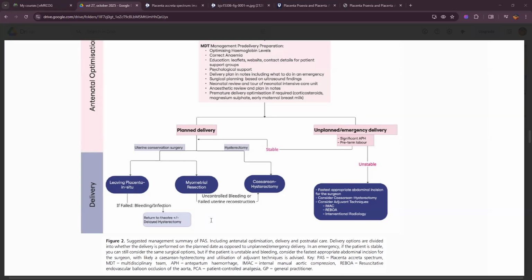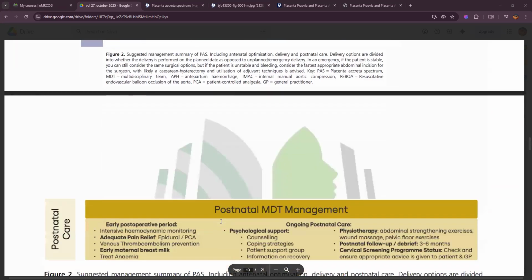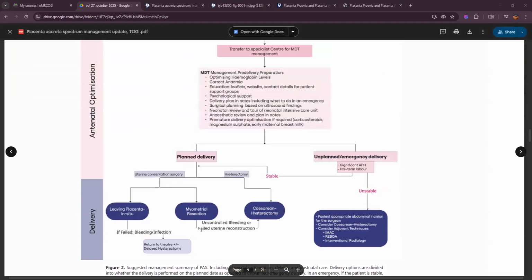Okay? Another thing, which they are going to talk about in detail, is to do a myometrial resection. A myometrial resection is one of the things that we can do. We are going to cut out the part that has the invasion and then repair the uterus. If we cannot do this, we are going to revert to hysterectomy.